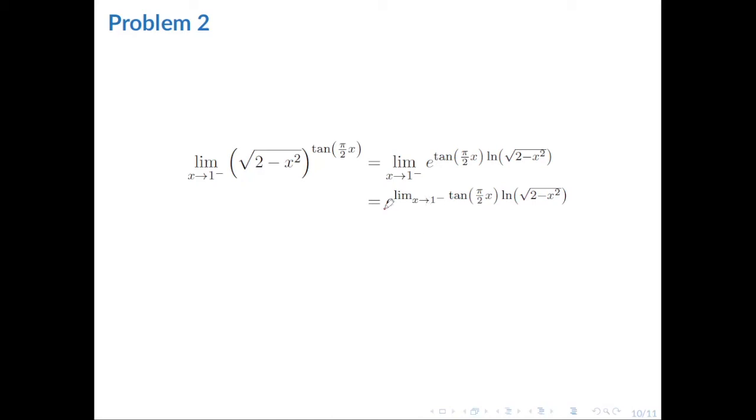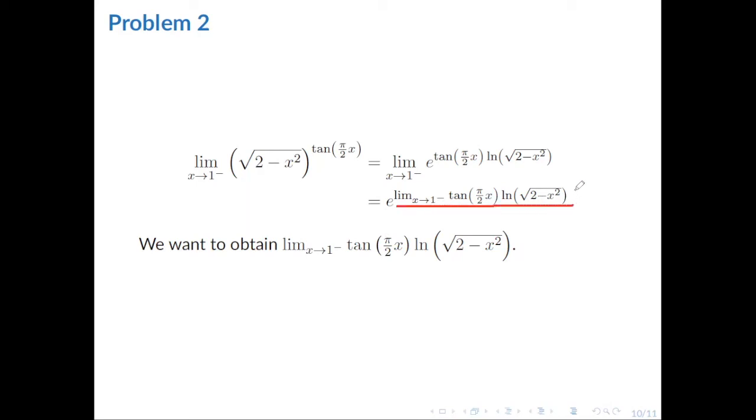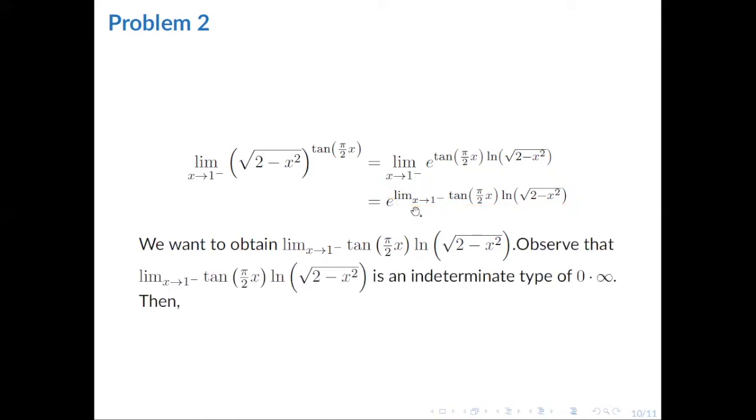So it's e raised to the limit of this one as x approaches 1 from the left. We then want to obtain this one. Gusto natin makuha itong nasa exponent ni e. Pero kapag in-evaluate natin to, ang makukuha natin is an indeterminate form of type 0 times infinity.